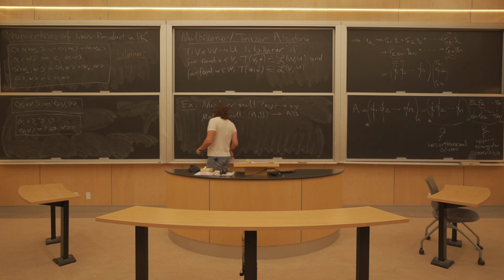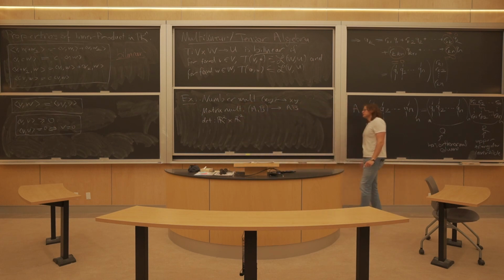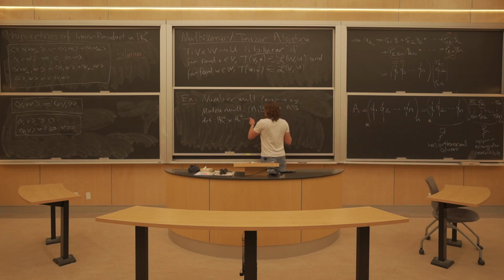Commutators or determinants. I feed to it two two-dimensional vectors, and send it to the determinant. So it just gives you a number, and that's bilinear.